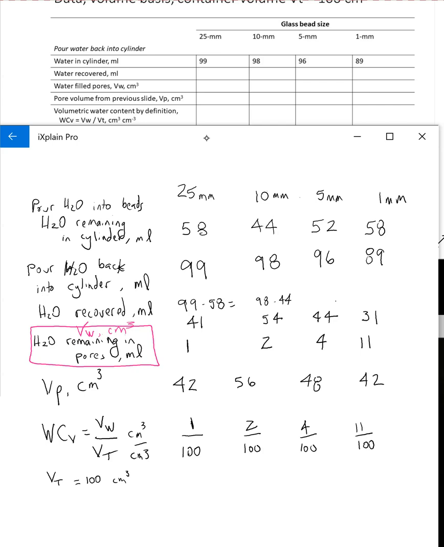Because we're just taking our values and plugging them in: VW, VW, and VT is 100. So we get 0.01, 0.02, 0.04, and 0.11 cubic centimeters per cubic centimeter.